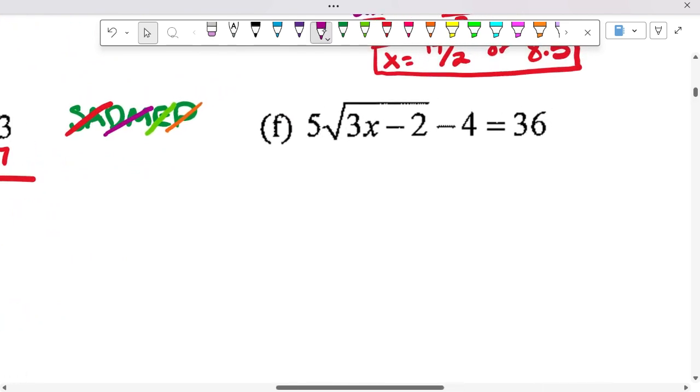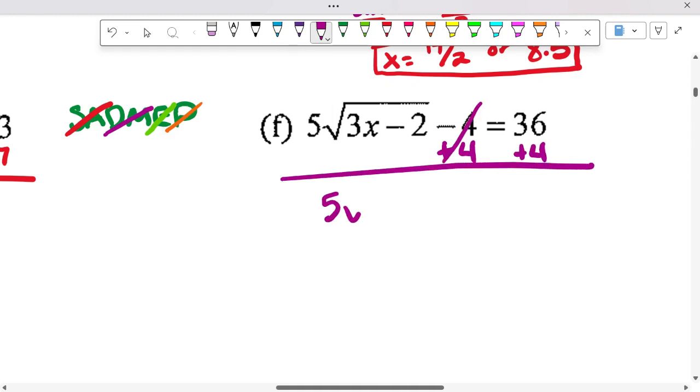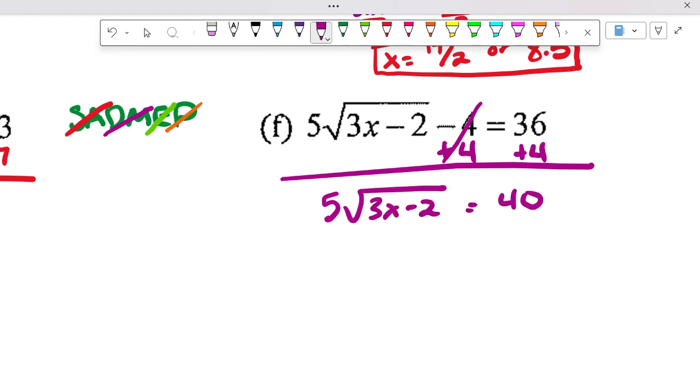Add the 4, good. So in SADMEP, that's the SA part. So this is 5 square root 3x minus 2 is equal to 40. All right, what's my next step? Riley M. Divide by 5. That's the MD part of SADMEP. So square root of 3x minus 2 is equal to 8.